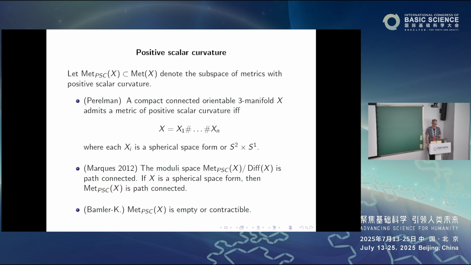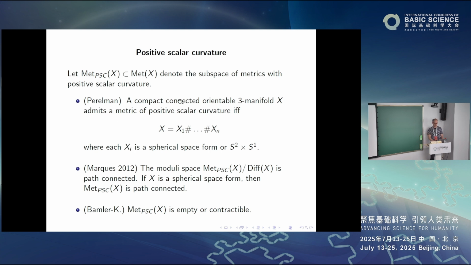So I want to cover this briefly. Let's say Met PSC, that's the space of metrics on X which have positive scalar curvature. It's a consequence of Perelman's work, which completed the story with prior work by a number of people.